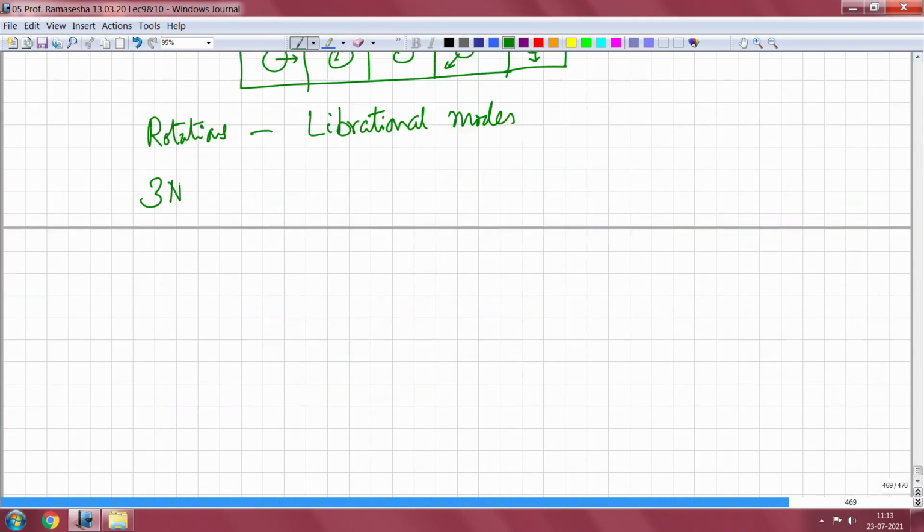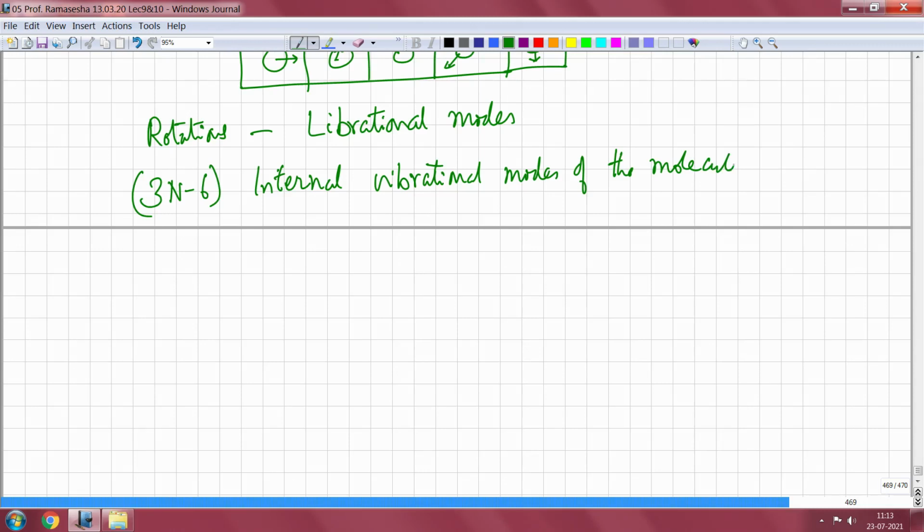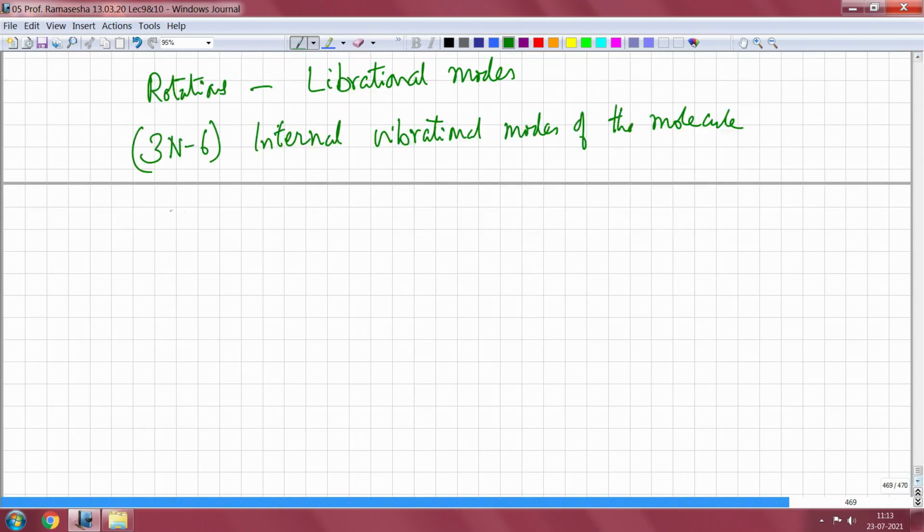Now the 3n minus 6 internal vibrational modes of the molecule are only weakly perturbed by the crystal lattice. So because they are weakly perturbed, they more or less stay the same. So these show very little dispersion. So this is what happens when you have a molecular solid.